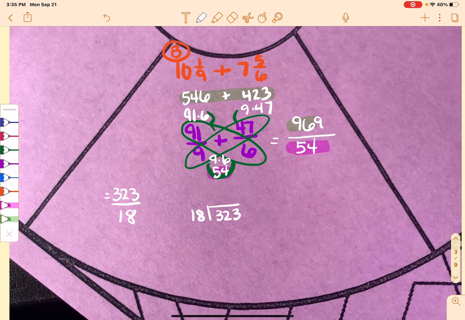So let's see, 18 doesn't go into 3, but 18 goes into 32 once. 14 left over. I'm going to bring down my 3. 18 goes into 143 7 times, which is 126.